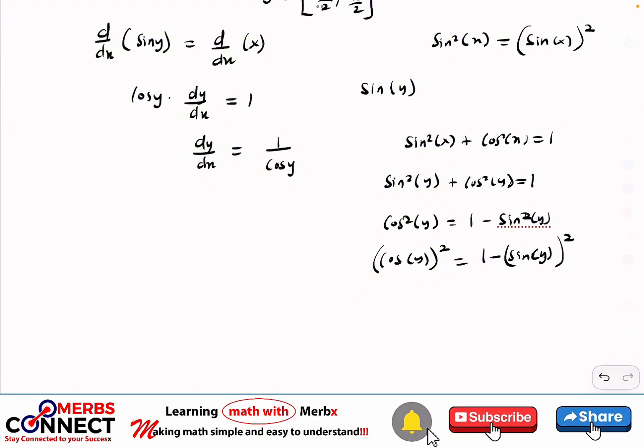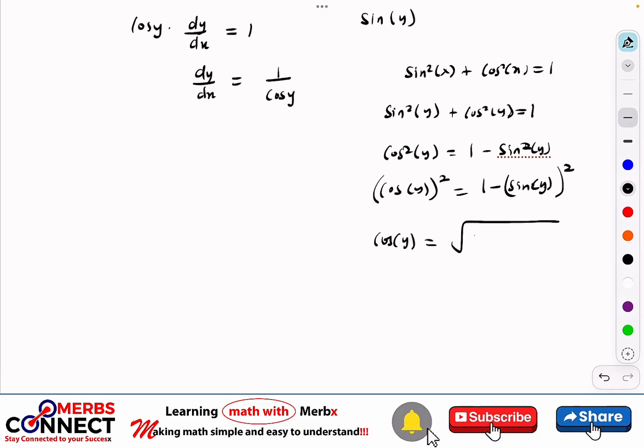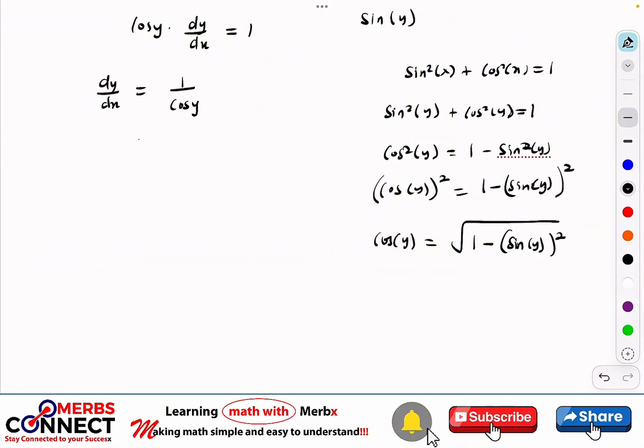Now because I want to get cos, I can take the square root on both sides and have cos of y equal to the square root of 1 minus sine of y all squared. So I'm going to replace the cos y by what I have here. This is going to give us 1 divided by the square root of 1 minus sine y squared.